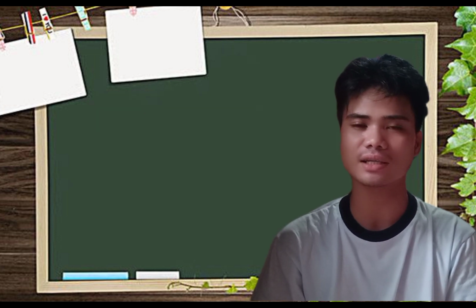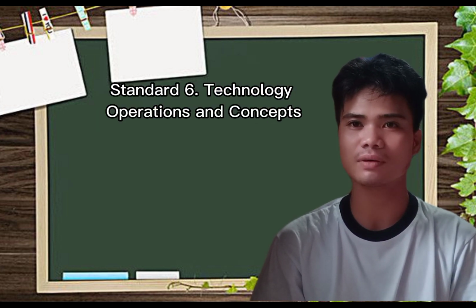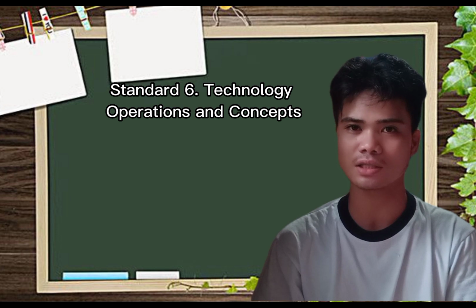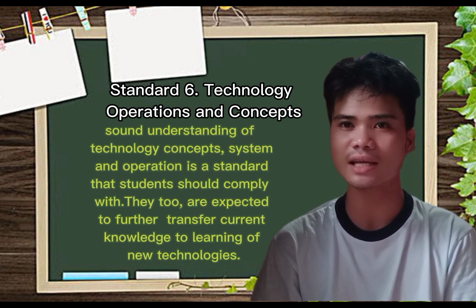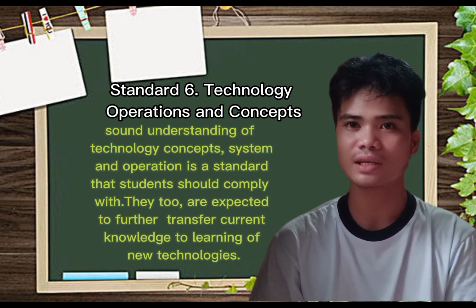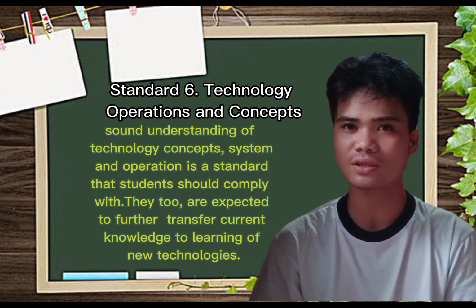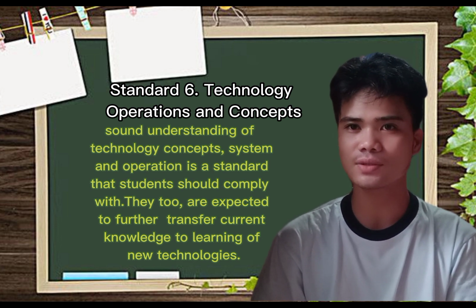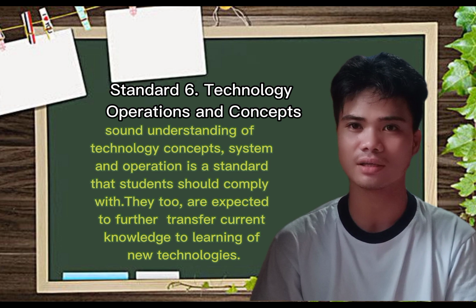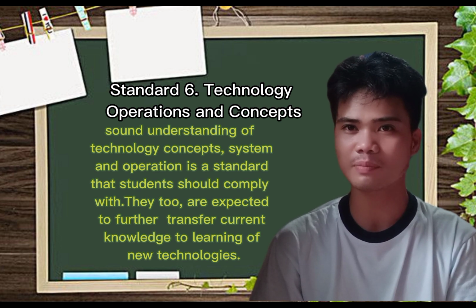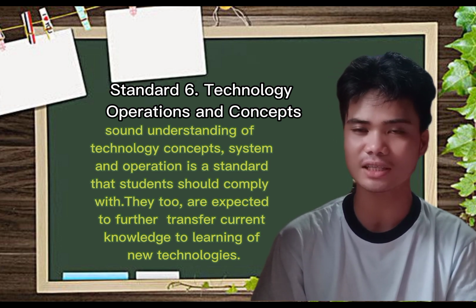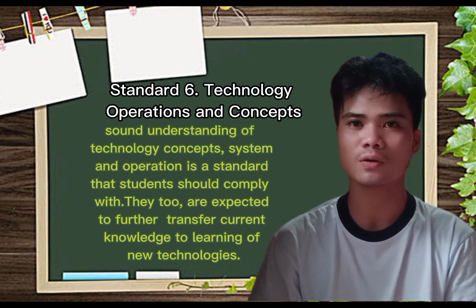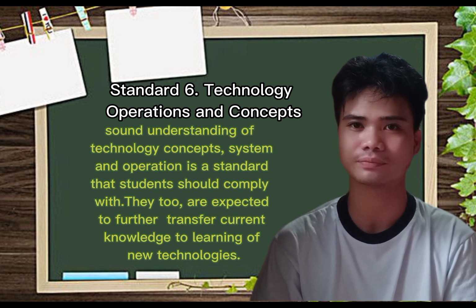Let's go to standard number 6, which is about technology operations and concepts. So a sound understanding of technology concepts, systems, and operations is a standard that students should comply with. They too are expected to transfer current knowledge to the learning of new technologies.